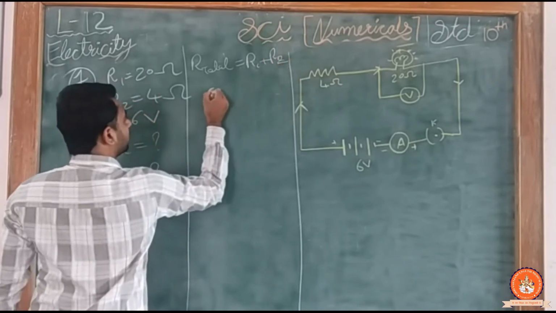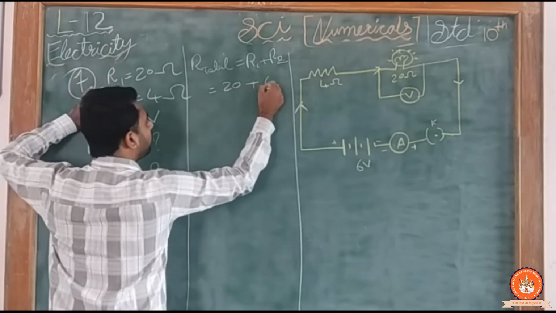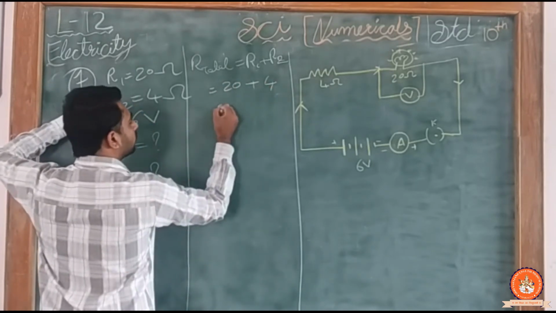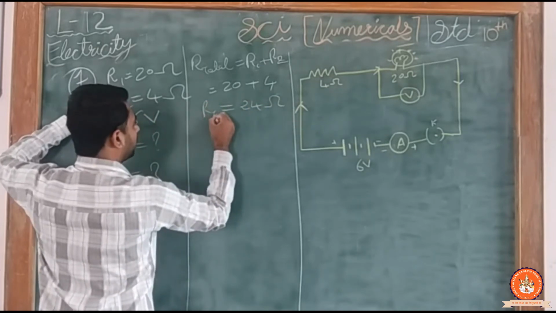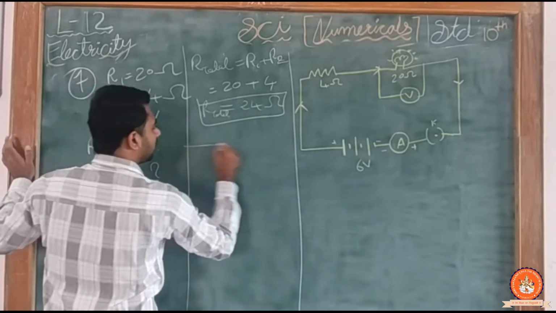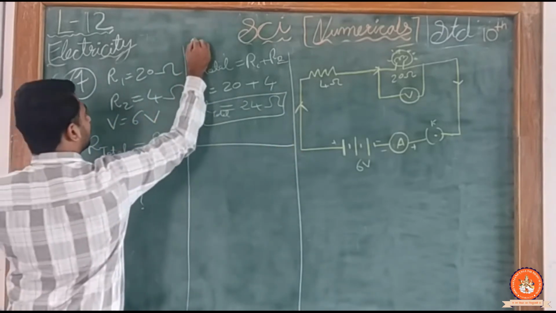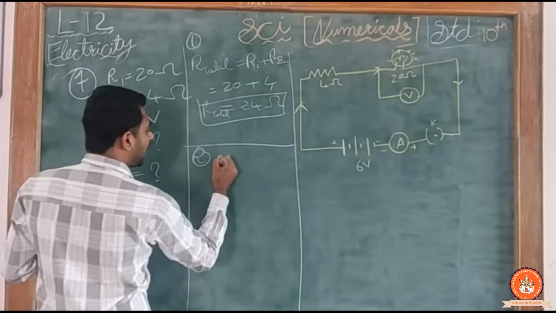Clear? So R1, क्या है हमारे पास 20 ohm plus R2 we have 4 ohm. So we get 24 ohm R total. Clear? Now coming on, this is our first, and now coming on to second, that is we have to find the I total.